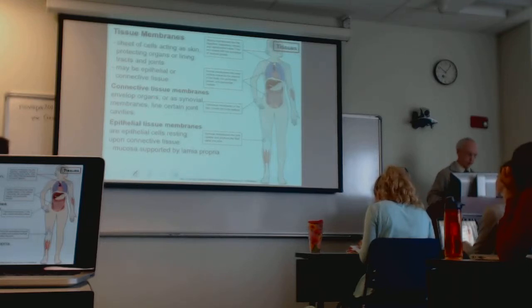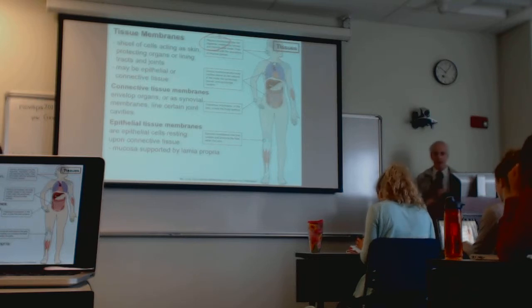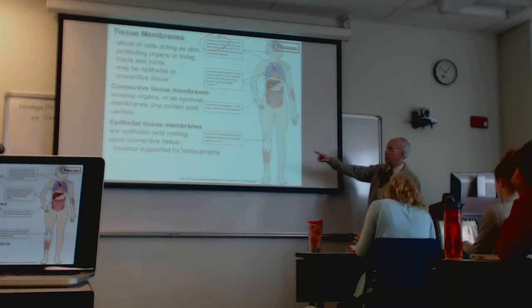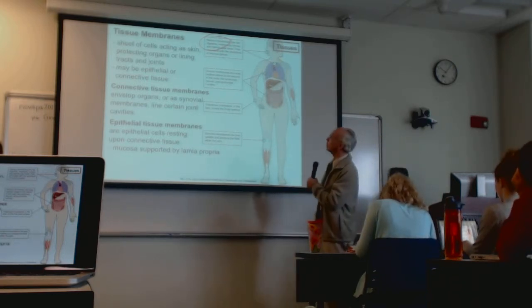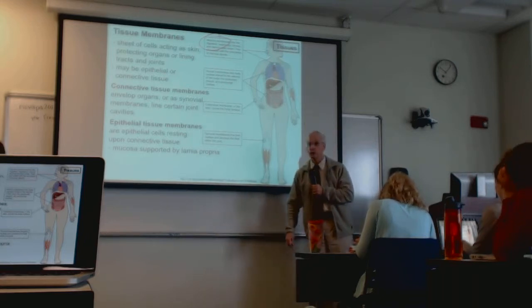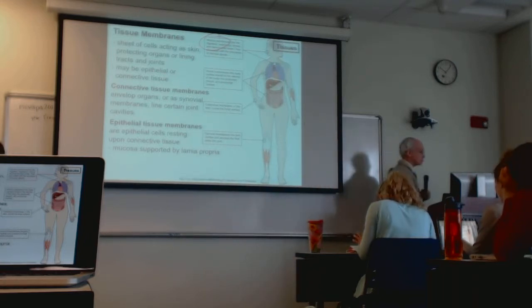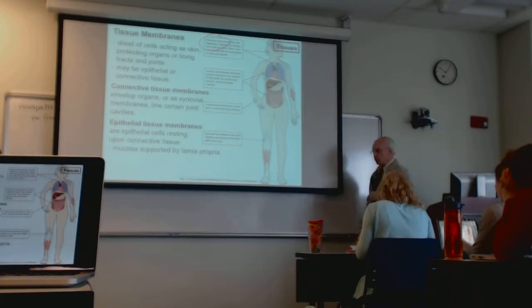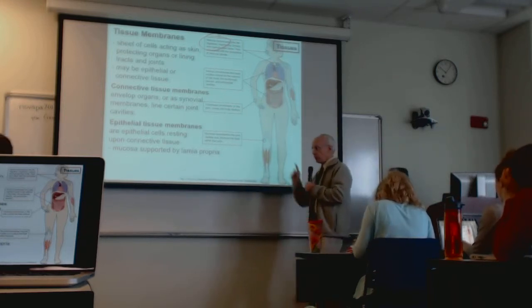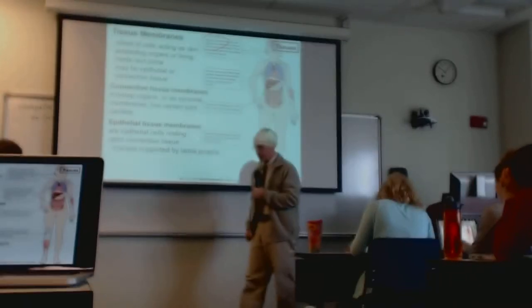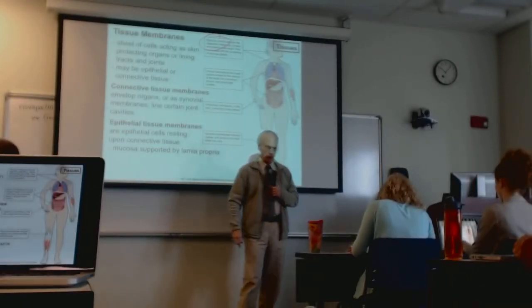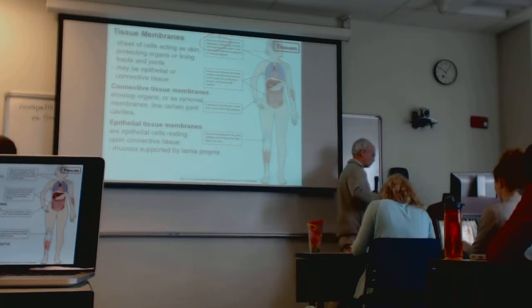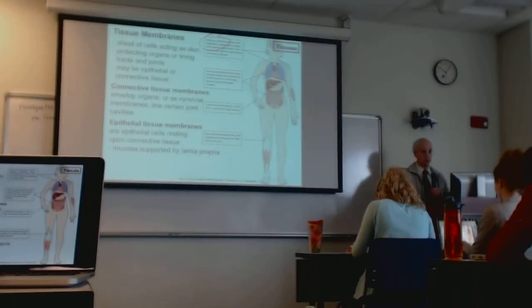In the illustration, you can see references to some terms you should be familiar with over here. I don't know how clear these are. Mucous membrane. That is generally a type of epithelial membrane. In general, when we talk about a mucous membrane, we're talking about mucosa. So we're talking about usually a tubule or system that opens to the outside of the body that is lined with epithelial cells and some other structures we'll talk about later, lamina propria and basement membrane.